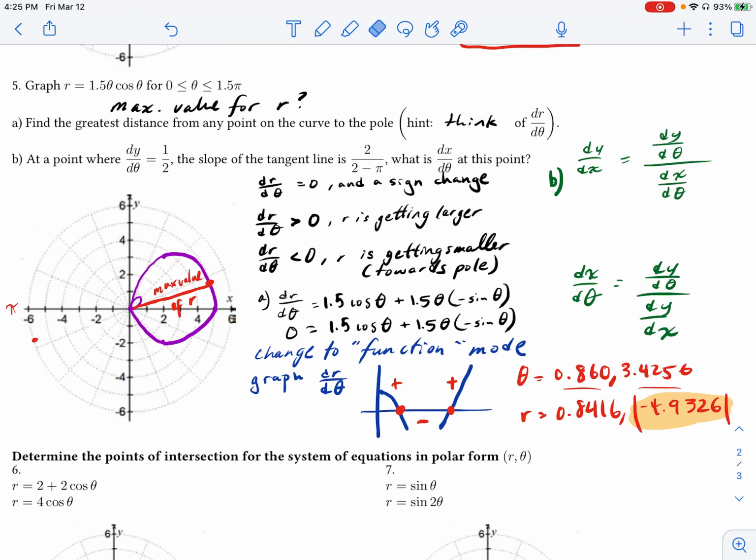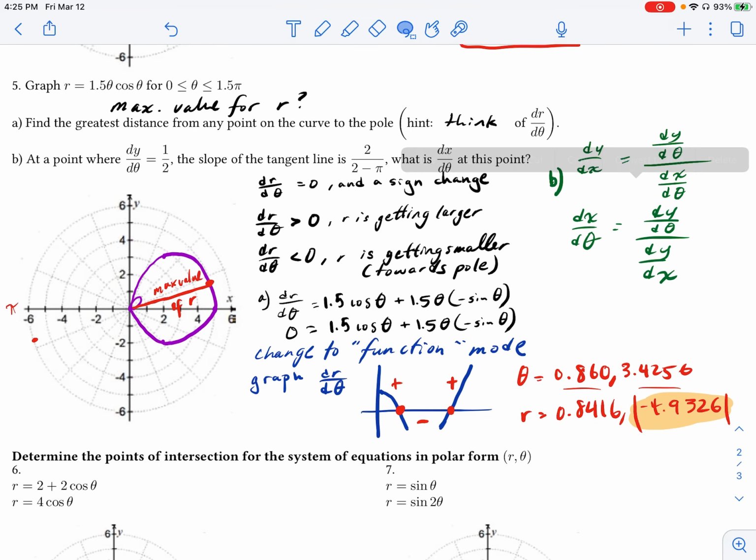So now that I have that, let's move that up. And so for dx d theta, what is dy d theta? Well, we know that dy d theta, we're told, is 1/2. And then dy dx, we're told, is 2 over 2 minus pi.